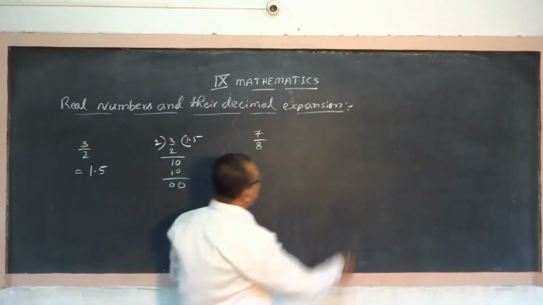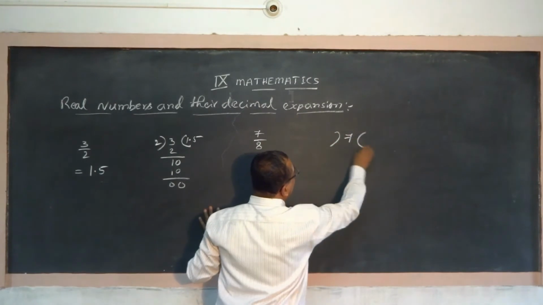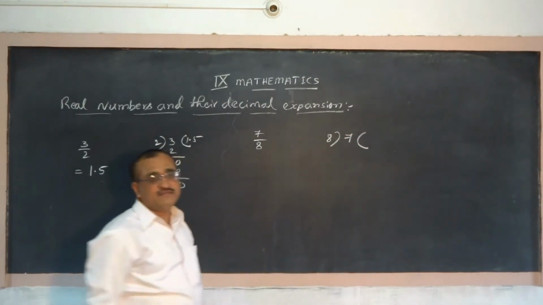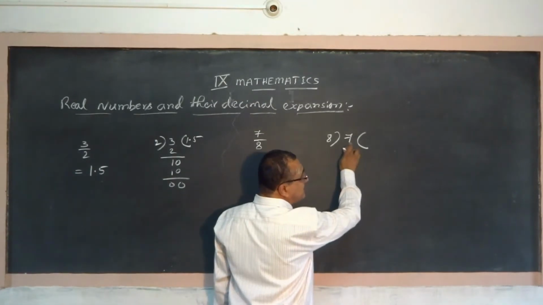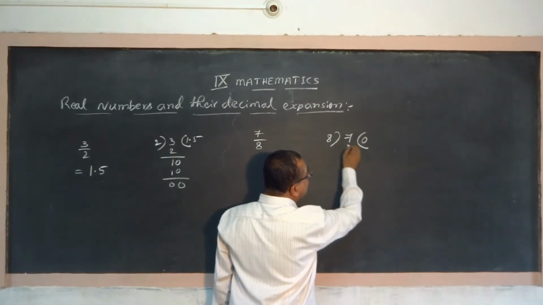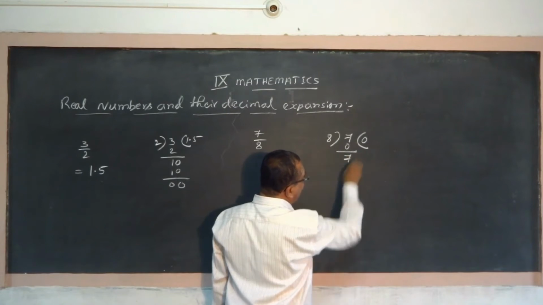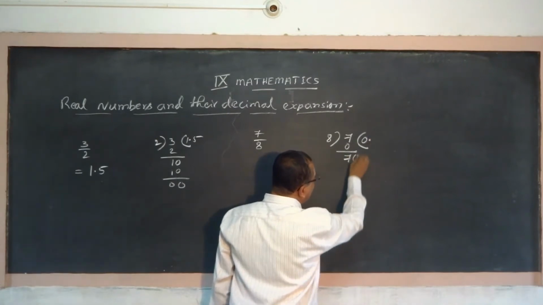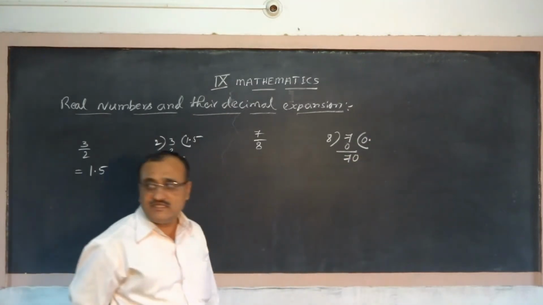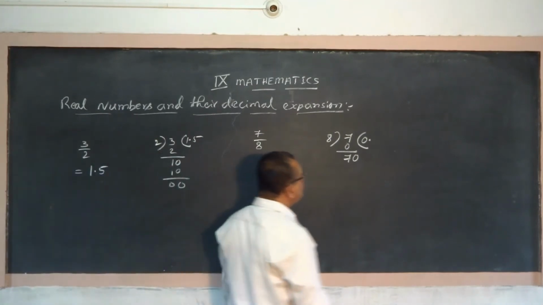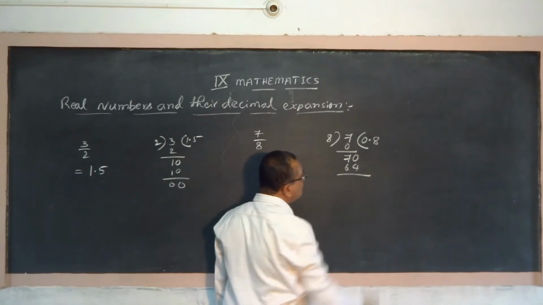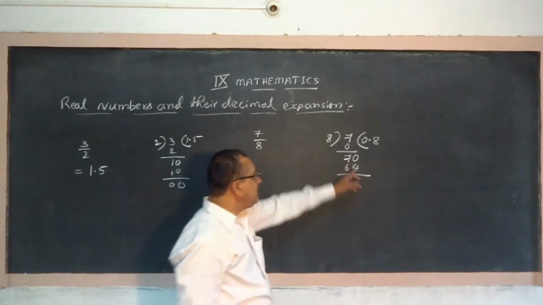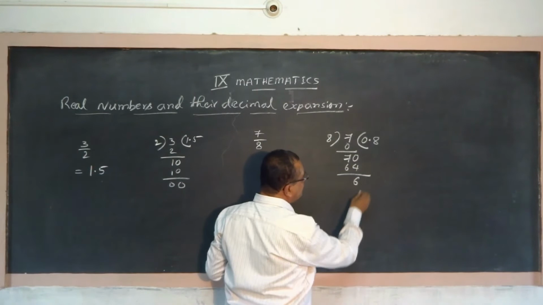Now take 7 and divide by 8. Is it possible to write? No. 8 zeros are 0. 7. Put the decimal, take 0. How much? 8 8s are 64. 10 minus 4, how much? 6.